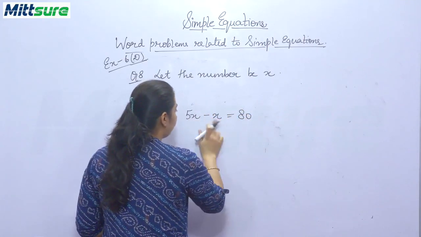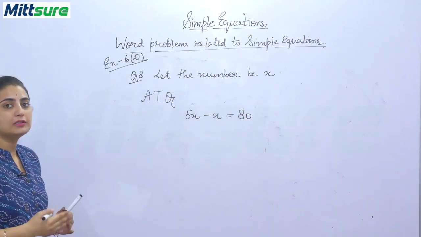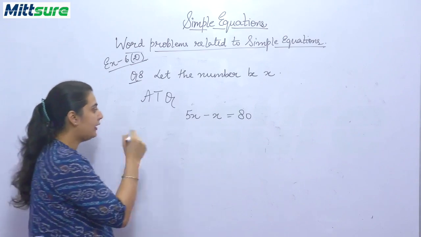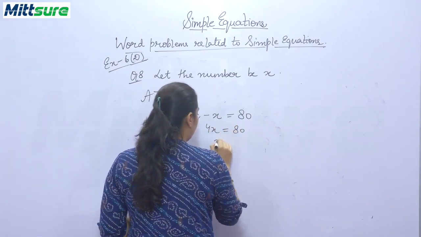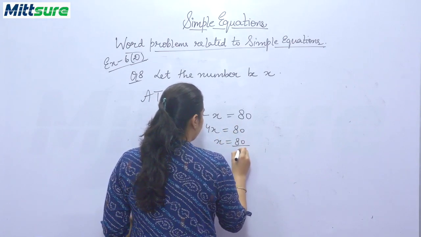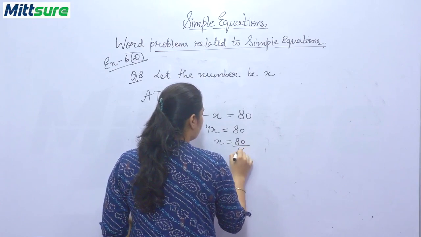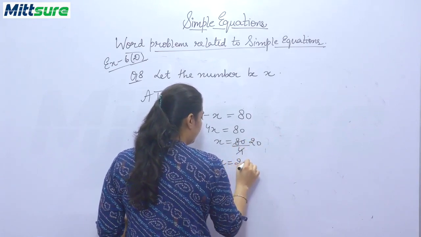That means the difference of 5x and x is 80. So 4x equals 80, x is equal to 80 upon 4, that is 20. So the value of x comes to be 20.